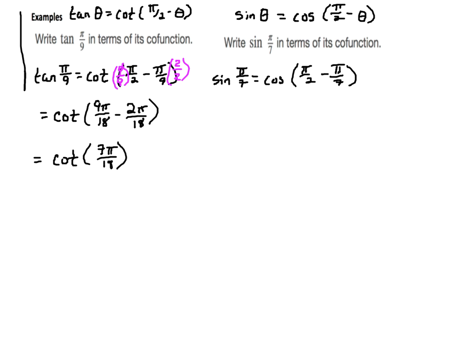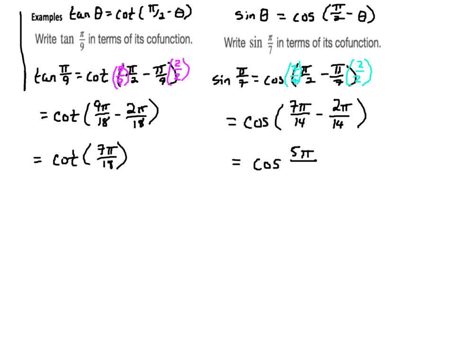We need to get a common denominator again, so I'm going to multiply this one by 7 over 7 and this one by 2 over 2. And that leaves me with cosine of 7 pi over 14 minus 2 pi over 14. So this is the same thing as the cosine of 5 pi over 14. Whew!